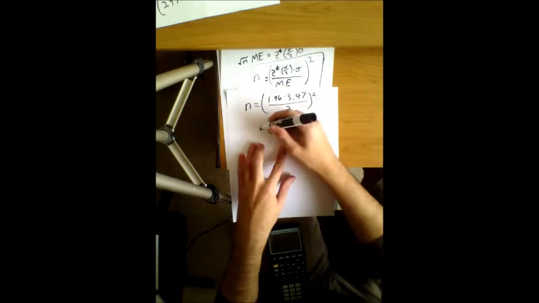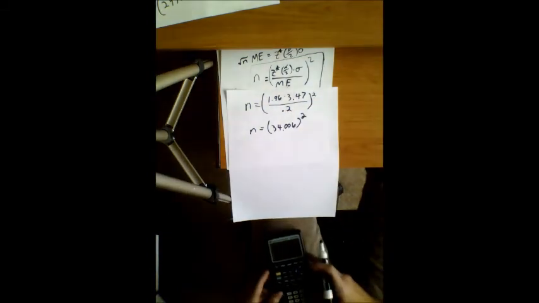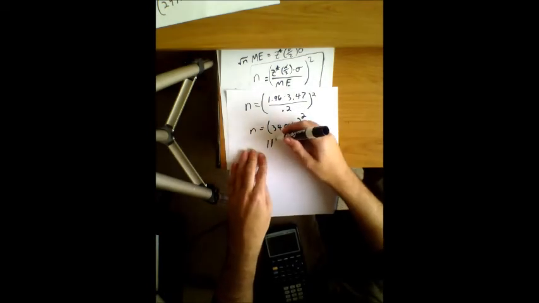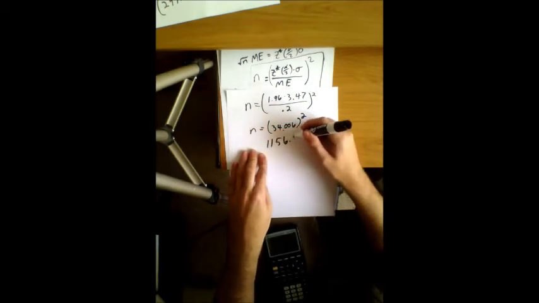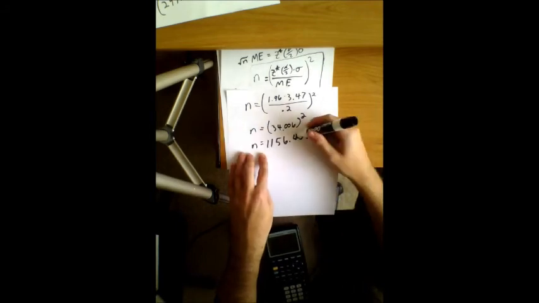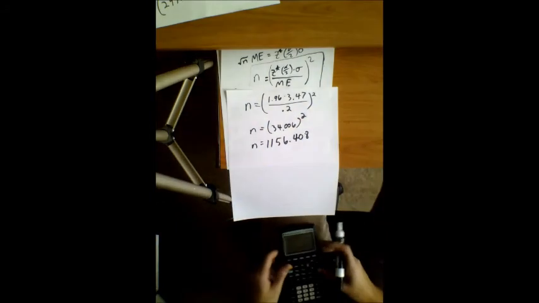We want to square this thing. Okay, what we find is 1156.408, something along this line. Okay, so what do we do with this?